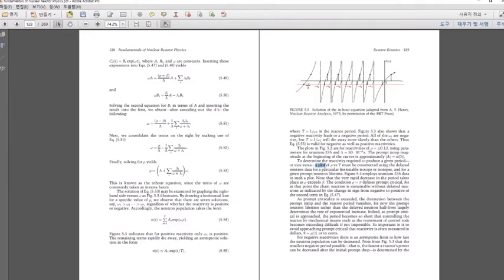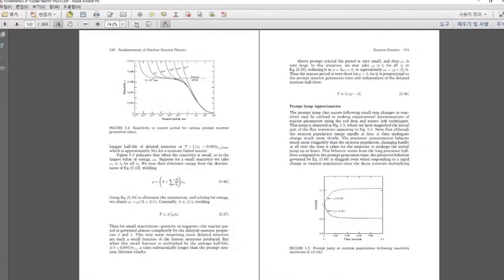So a plot of rho, reactivity, versus T, reactor period, must be constructed. That is the figure 5.4 on our next page.